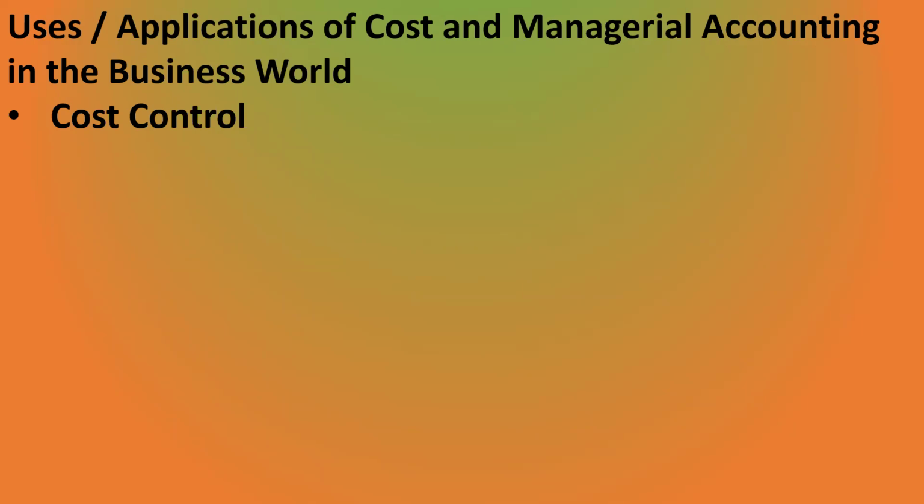By closely monitoring cost across different departments, different products or different services, companies can identify where they might be overspending and where they can save without hurting the quality of their products or services. It is all about finding ways to be more efficient.